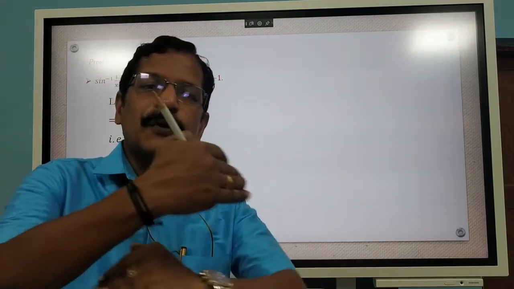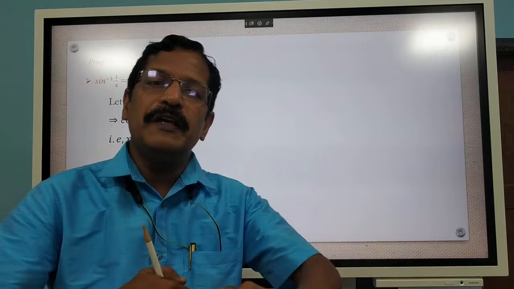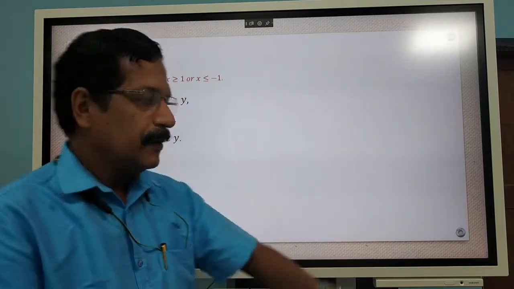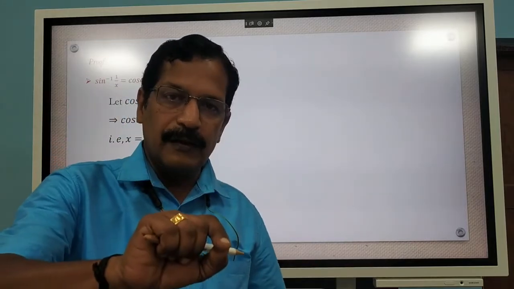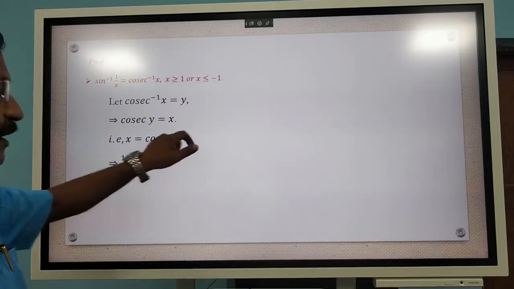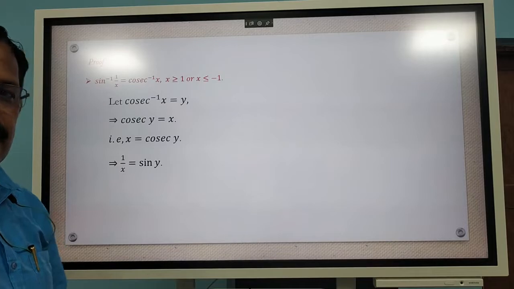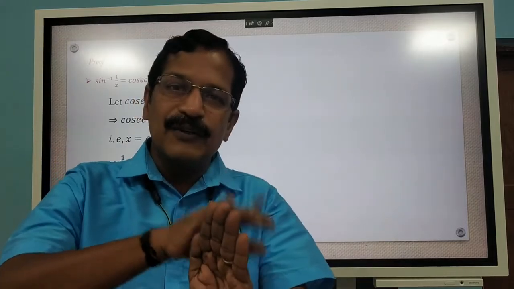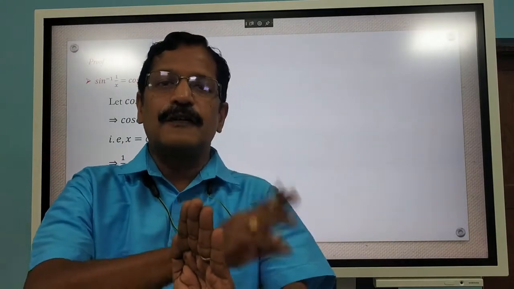Now let us take the reciprocal. So 1 by x will be 1 by cosec y. What is 1 by cosec y? 1 by cosec y is sin y. So 1 by x can be written as sin y. Now, if x is equal to f of y, f inverse of x is equal to y.